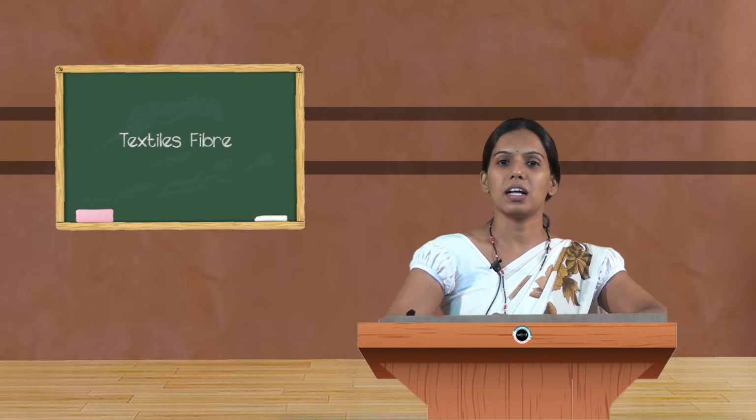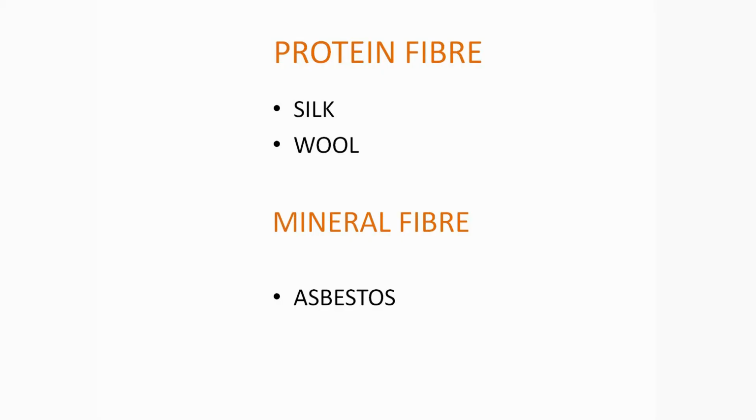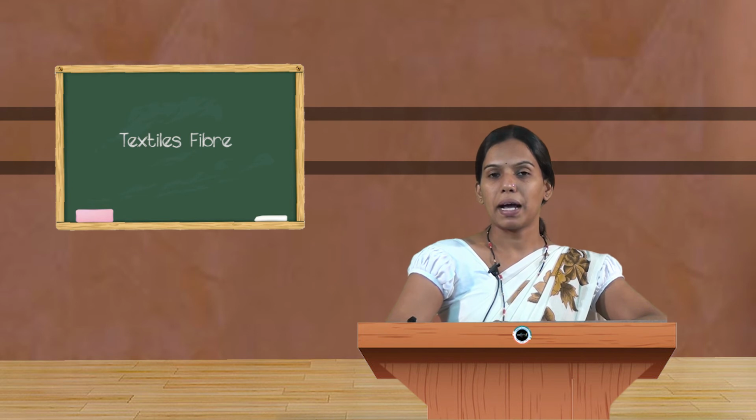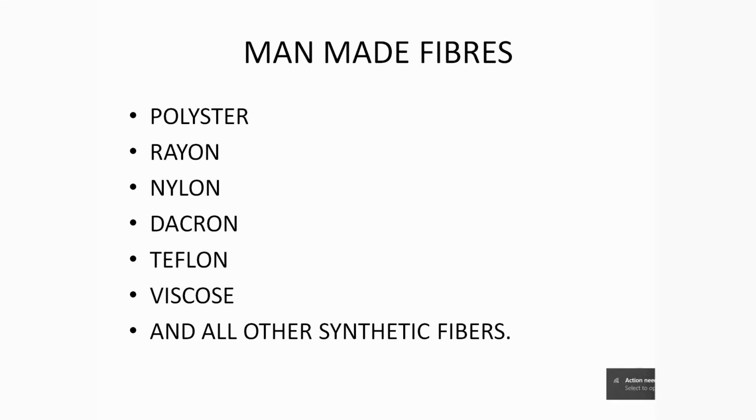Protein fibers are silk and wool, and there is also mineral fiber. In mineral fiber, we see one mineral fiber, which is asbestos. And coming to the man-made fibers: polyester, rayon, nylon, dacron, teflon, viscose and all other synthetic fibers are man-made fibers.